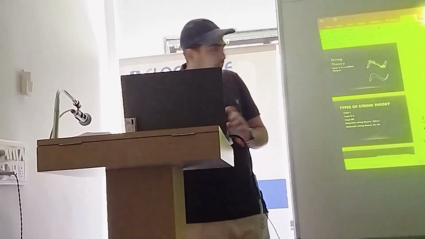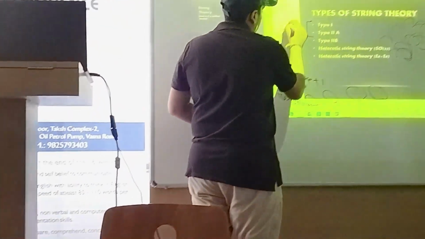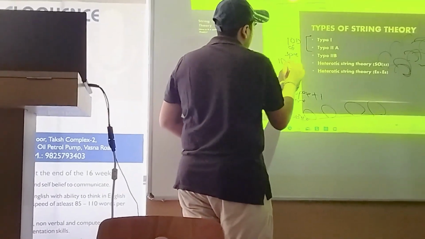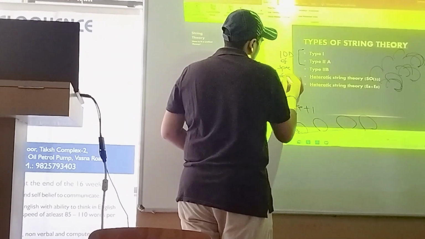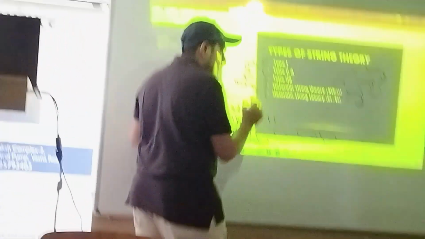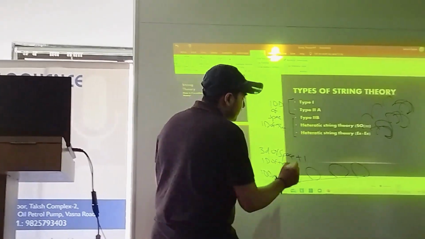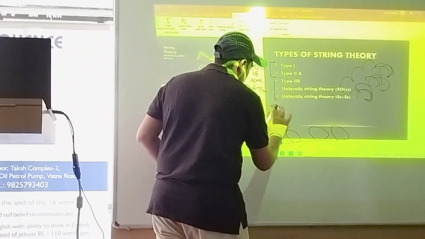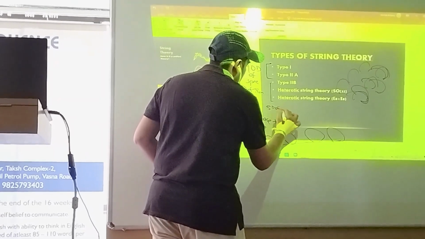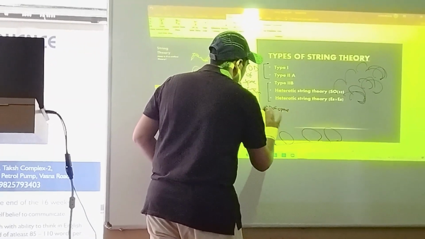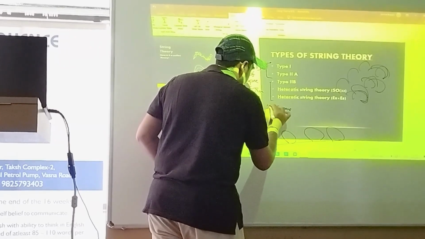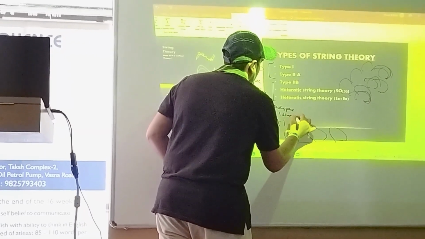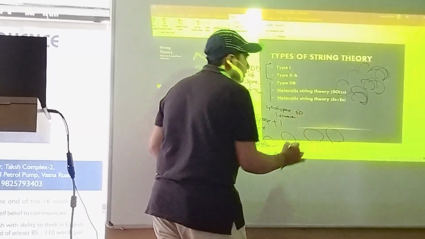So in types of string theories, these two theories say there should be 10 dimensions of space and 1 dimension of time. But in these 3 theories, these 3 specifications, it says that there should be 4 dimensions of space, 1 dimension of time, and 6 dimensions that are still unknown.